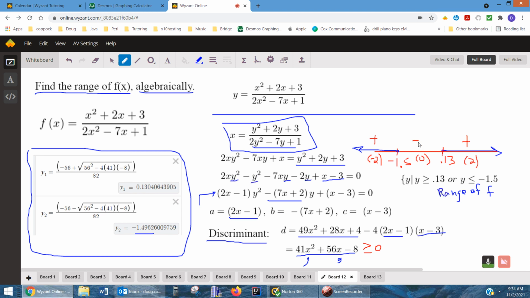And 0 gives me a negative number, and 2 gives me a positive, so that's your solution set. Numbers less than negative 1.49 or greater than 0.1304. So that's the range of f. It's the domain of its inverse function.